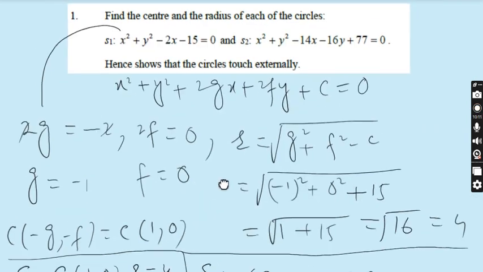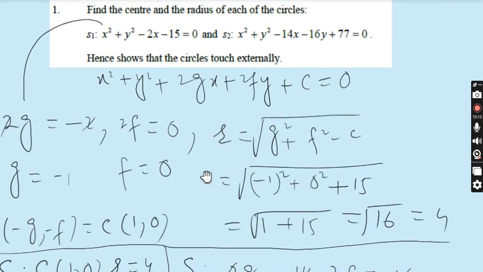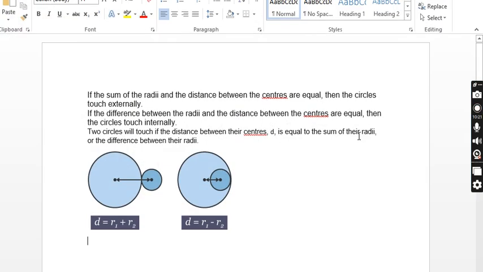Now, the second thing is to show that the circles touch externally. What does it mean? See this definition. If the sum of the radii and the distance between the centers are equal, then the circles touch externally.